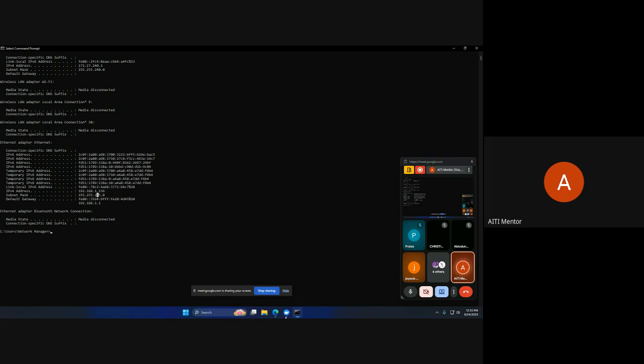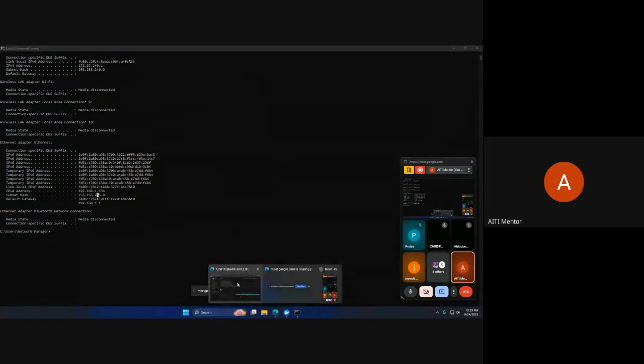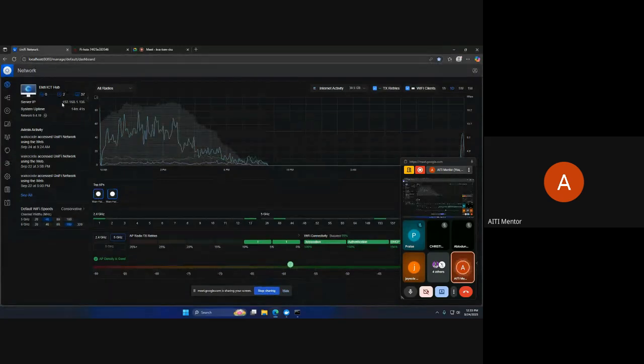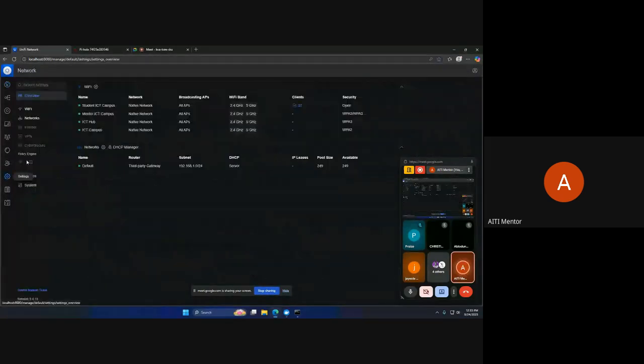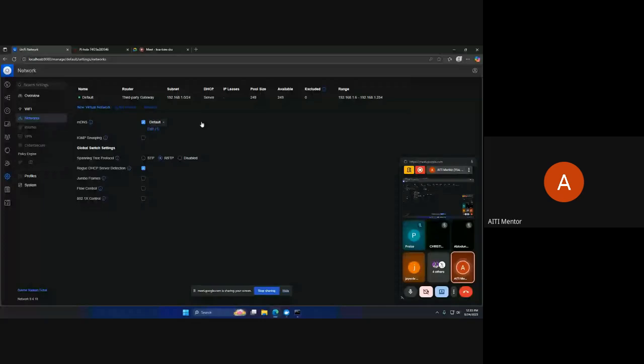So when you have 192.168.1.0/24, it is saying that in this particular configuration we are using the subnet mask 255.255.255.0. Did you get that now? Yes.